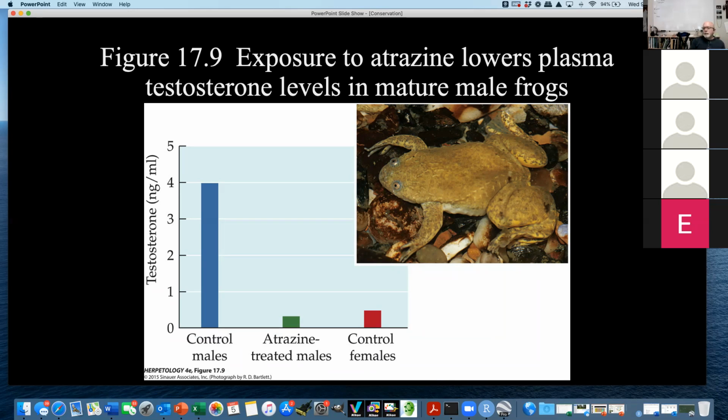I mentioned that DDT caused a problem with birds and their ability to reproduce because of alterations to the calcium content of eggs. So you move away from DDT to other types of pesticides. And unfortunately, in the case of atrazine, atrazine is an endocrine disruptor. Remind me what an endocrine disruptor is.